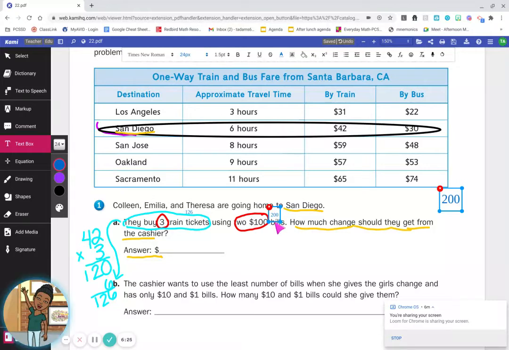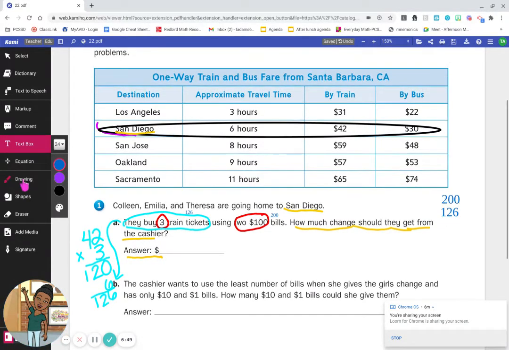And the train tickets in total cost $126. So Colleen, Amelia, and Teresa gave the cashier $200. Their total was $126. So we are going to subtract 200 minus 126. Let's do that now.